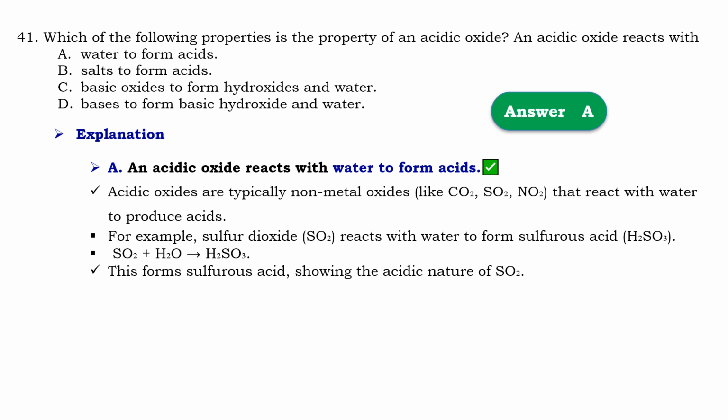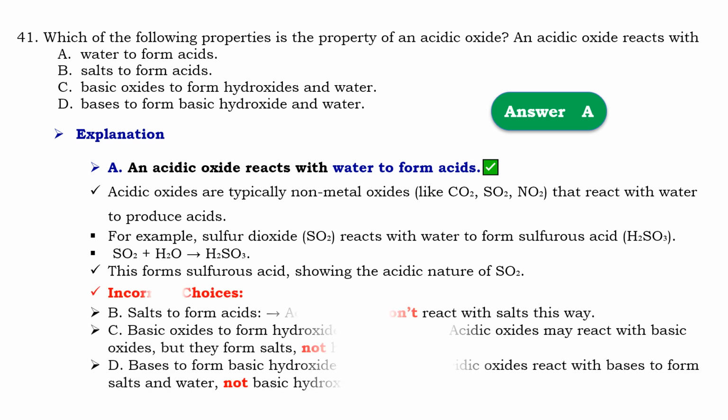That means acidic oxides are typically non-metal oxides like carbon dioxide, sulfur dioxide, nitrogen dioxide that react with water to produce acid. For example, sulfur dioxide reacts with water to form sulfurous acid, showing the acid nature of sulfur dioxide.